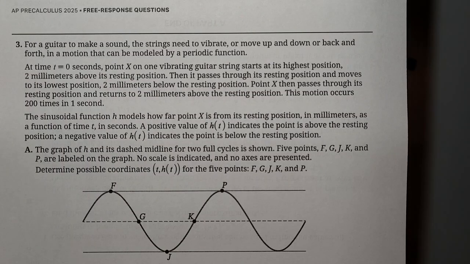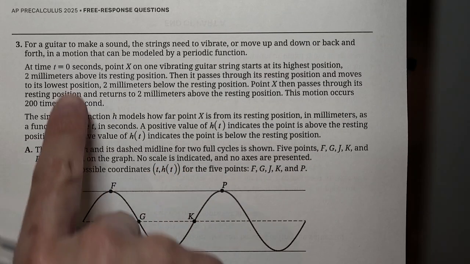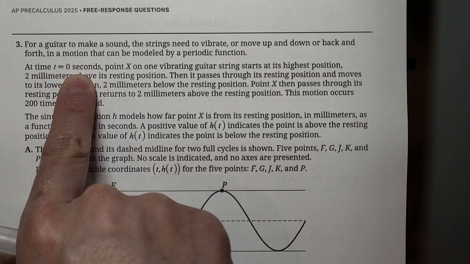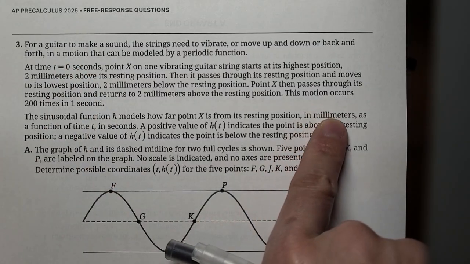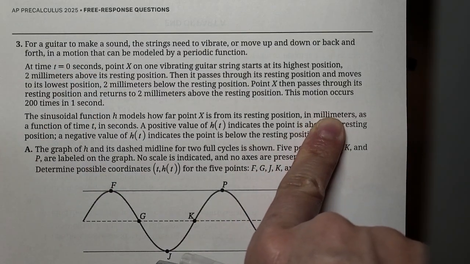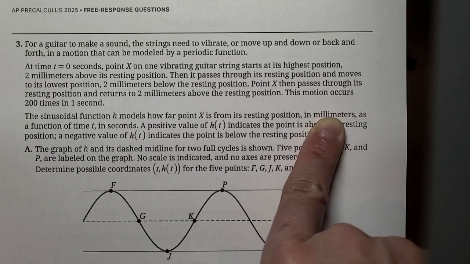No scale indicated, no axes are represented. Draw possible coordinates (t, h of t) for the 5 points. So it helps this time that they told us that t is in seconds and h is in millimeters. This helps us to model it how they want us to.